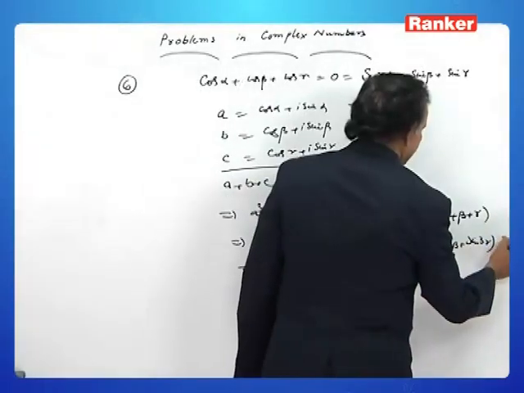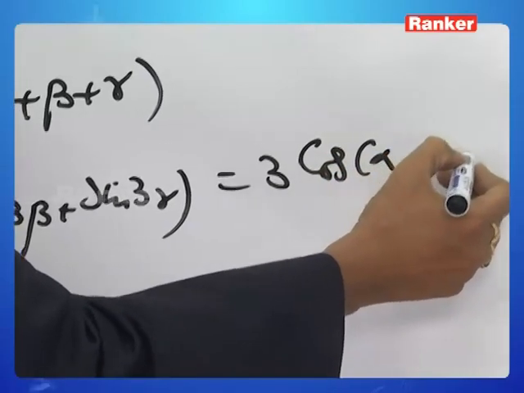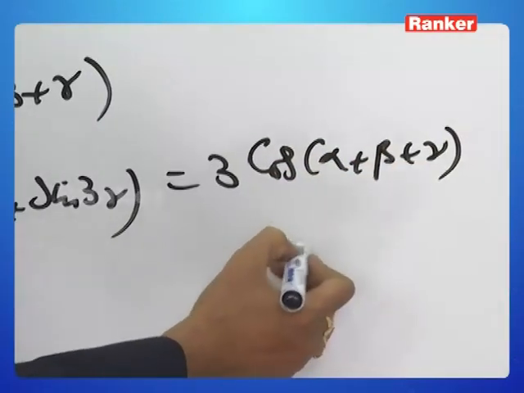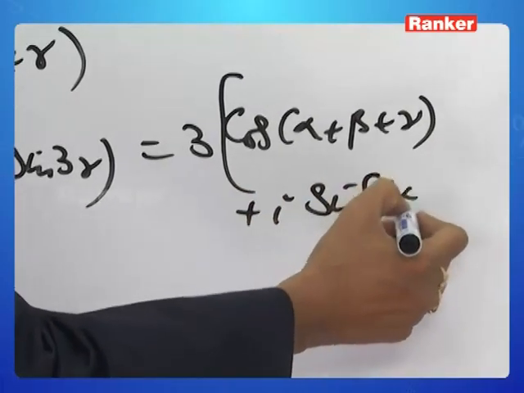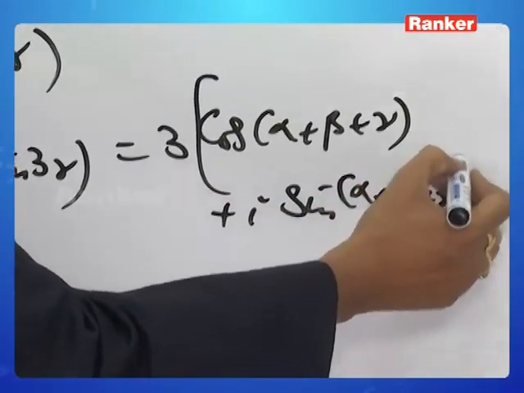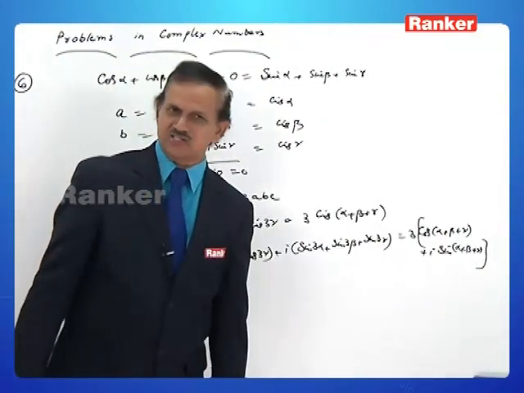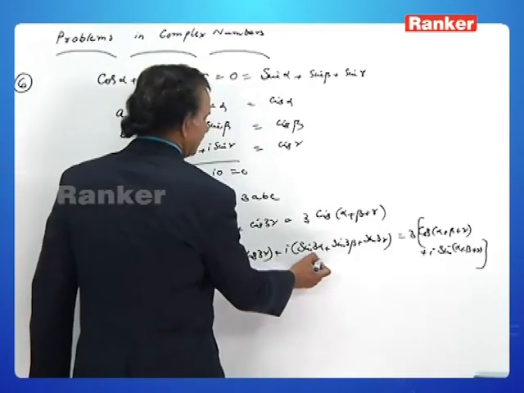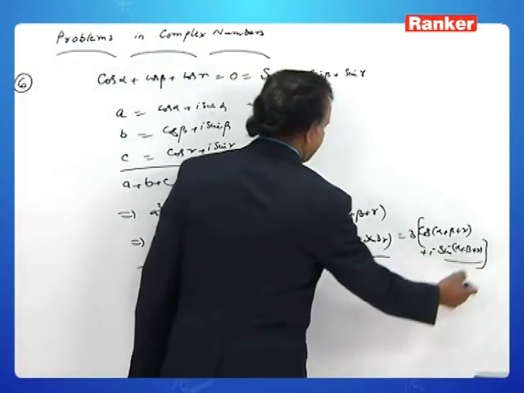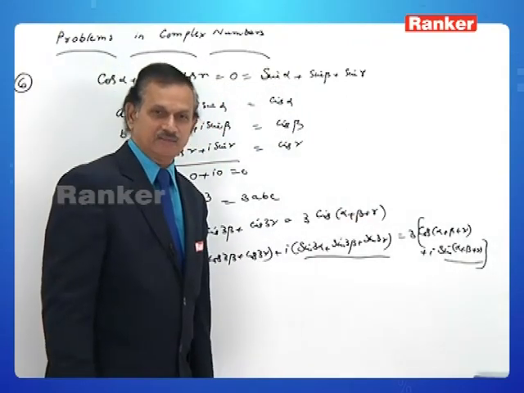is equal to 3 into cos of alpha plus beta plus gamma plus I into sin of alpha plus beta plus gamma. Now, by equating the real parts and imaginary parts on both the sides, we shall be having sin 3 alpha plus sin 3 beta plus sin 3 gamma is equal to 3 into sin of alpha plus beta plus gamma.